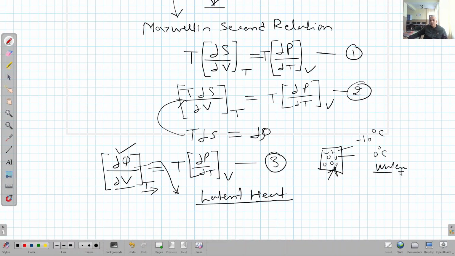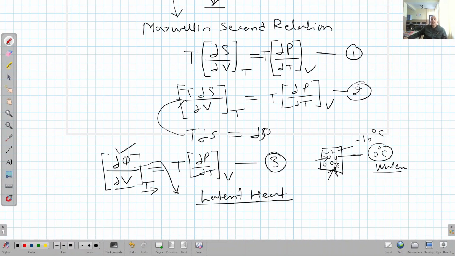So when the temperature reaches 0 degree Celsius, at that temperature the heat supplied to this system will be utilized in changing the phase of this material. So the material inside this container, that is water, is now changing from a solid to liquid, right? So the heat utilized in doing it is called latent heat, because the temperature is the same, 0 degree Celsius.